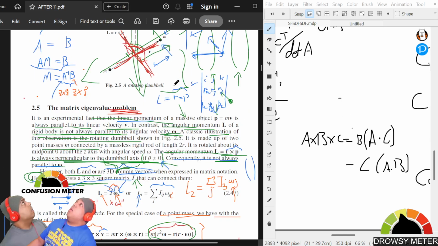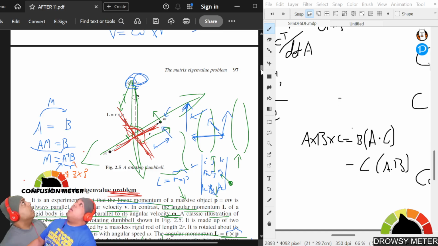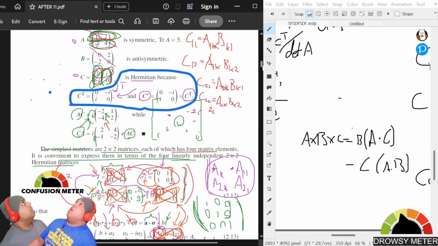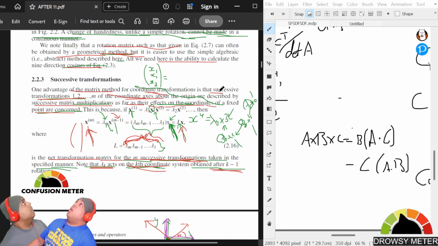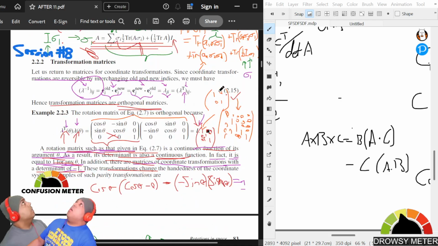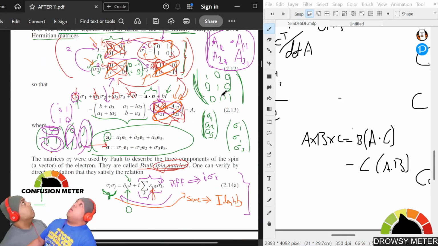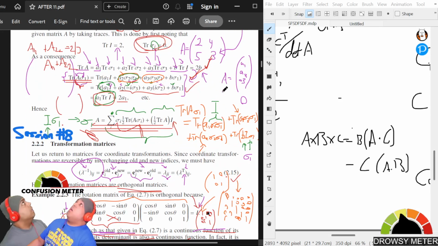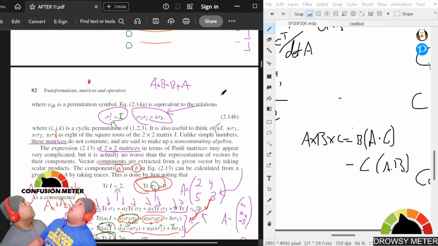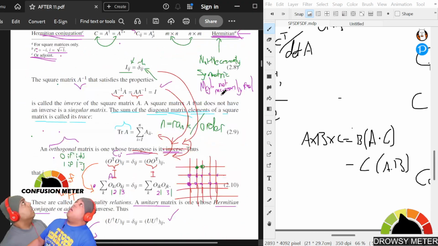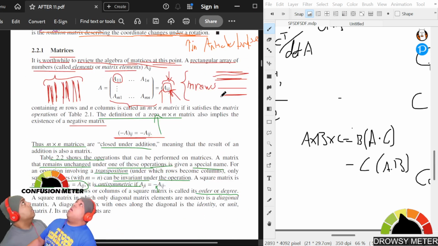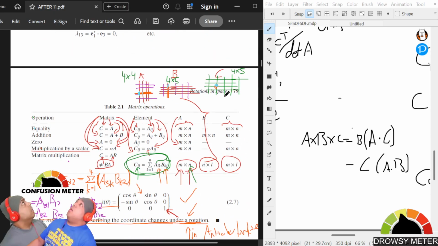I should really write down the matrix multiplication definition. Where are you, son? Where am I? Ah, it's up here.